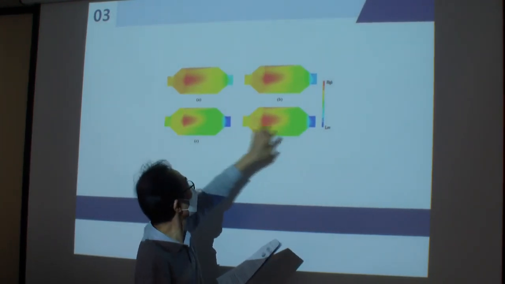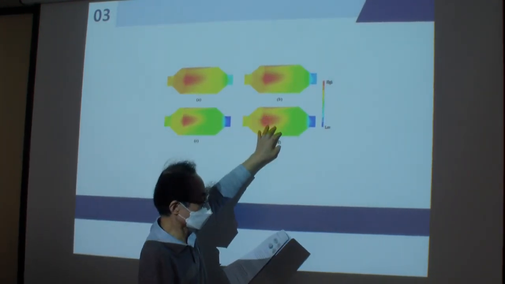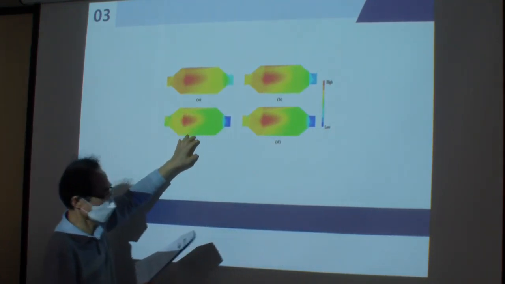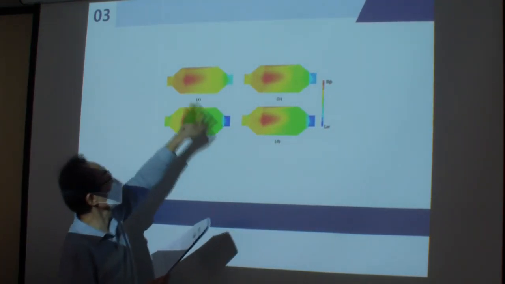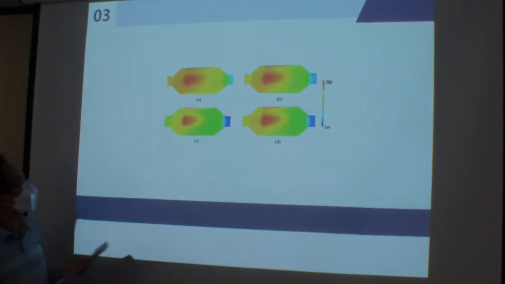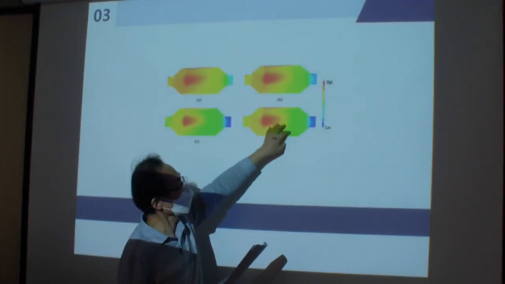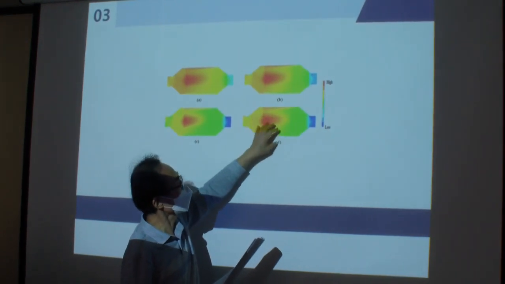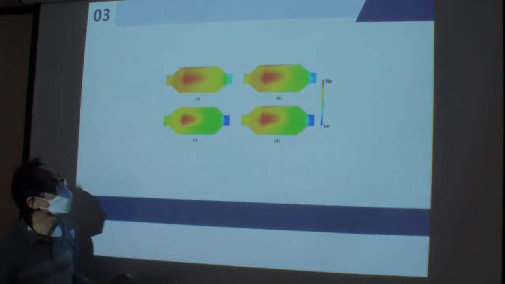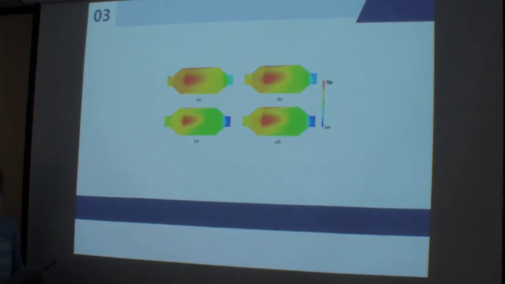This is 90% porosity, this is 75% porosity, this is 60, and this is 45%. So obviously with more porosity, the pressure drop is easier. So we have to understand how the pressure gradient develops inside the DPF.